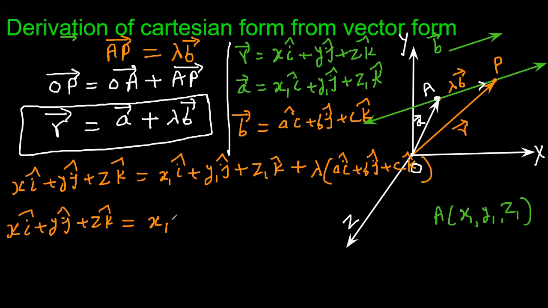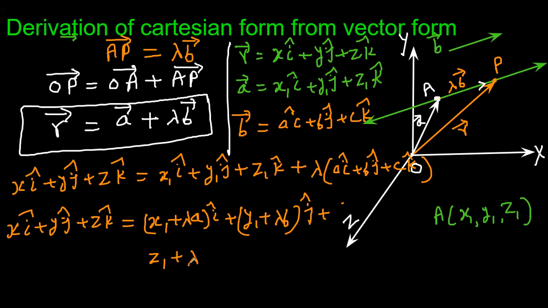So it will look like x1 plus lambda a i cap plus y1 plus lambda b j cap plus z1 plus lambda c k cap.